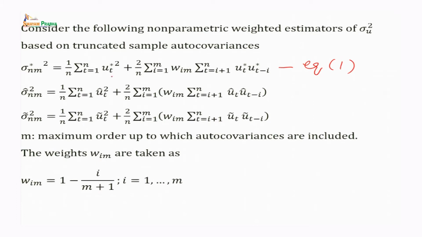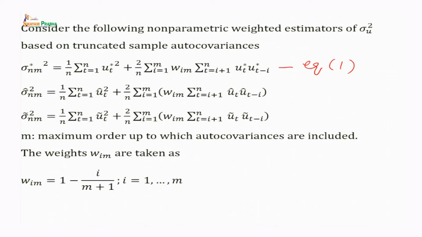So, you get this part, and then you have the second part, which is the adjustment for the autocovariances or autocorrelations. That is the specialty of the Phillips-Perron test.